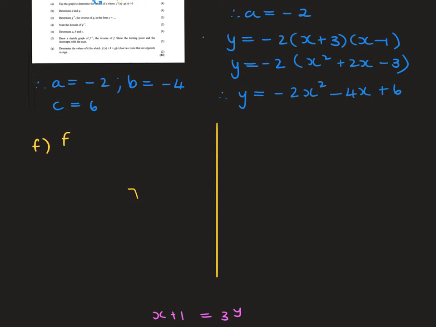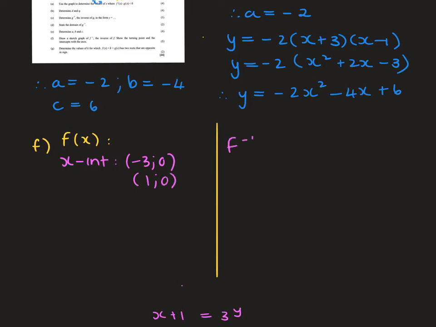I'm going to look at f of x, the original function. If I look at the original function's x-intercepts, the x-intercepts were (negative 3, 0) and (1, 0).